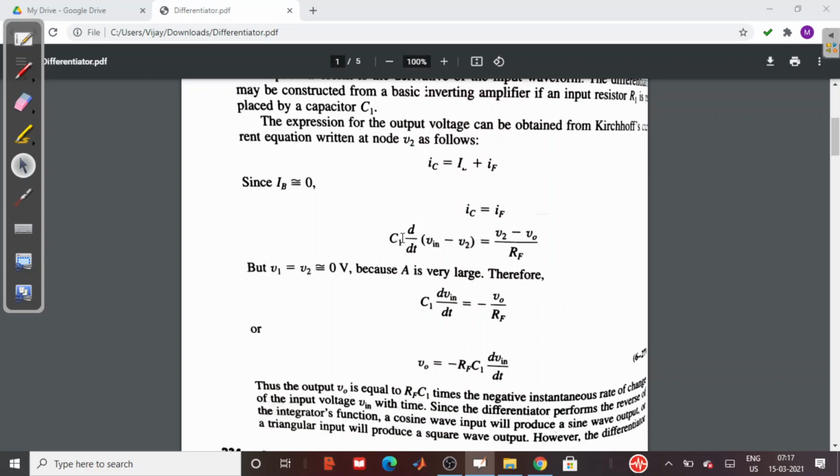Here comes. We know that C1 into d by dt of Vc. So instead of Vc, how can you write Vc? Vc is actually input voltage V in minus V2, right? Input voltage V in was at higher potential, so that minus the lower potential, which is V2, is the voltage across the capacitor. Again, I'll just show you the circuit.